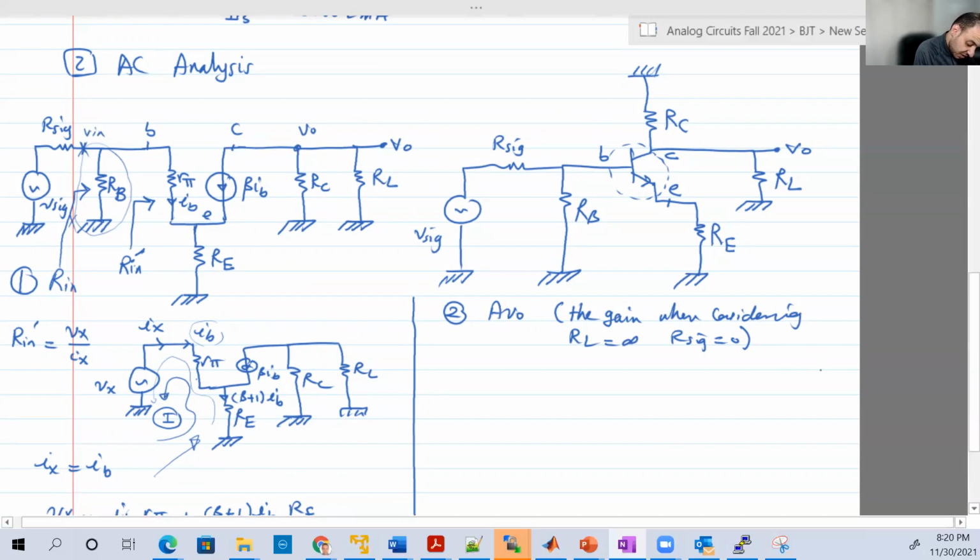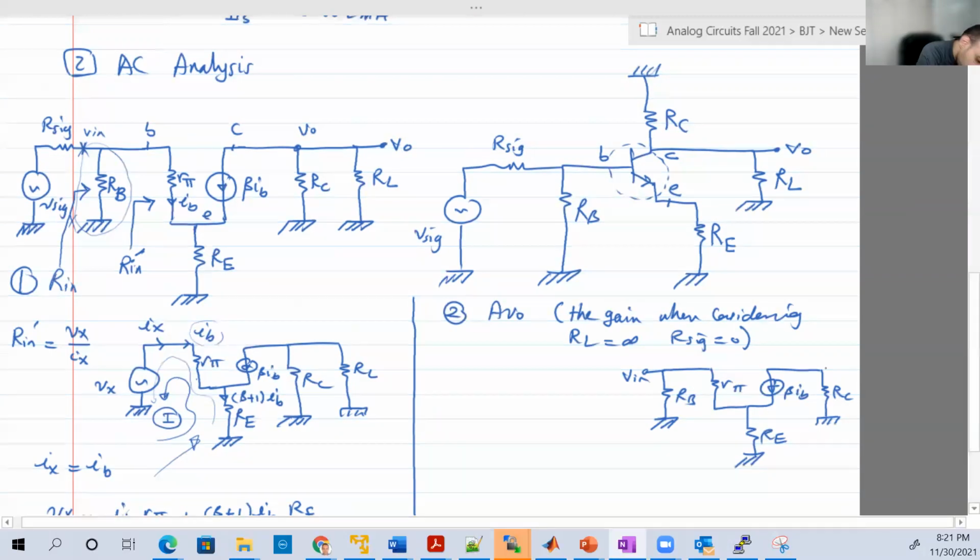So it will be something like this: RC here, RE, beta IB, R pi, RB capital, and here is V input. Of course, V input will be V signal if our signal is equal to 0. And here is VO.